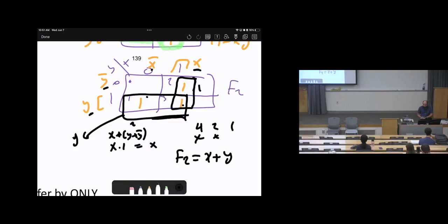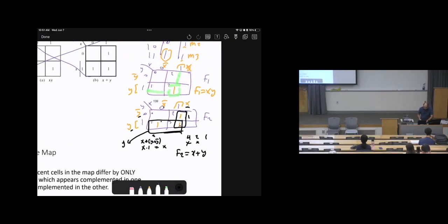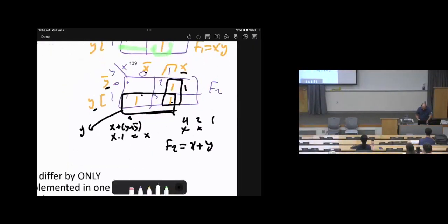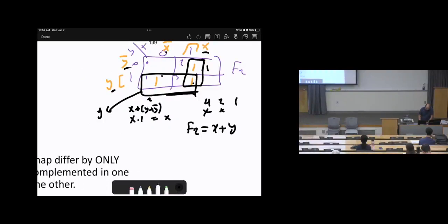As a result, we are simplifying the function from the original canonical form. This function using the canonical form was, I think, x y bar plus xy plus x bar y. This is F2 in canonical form.